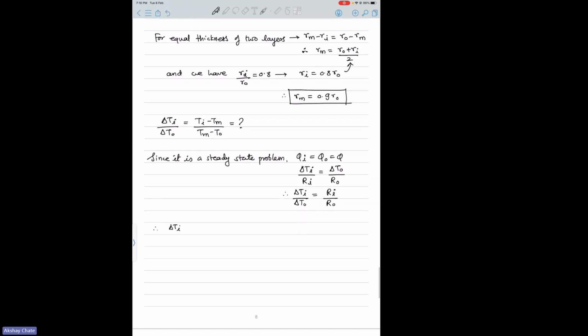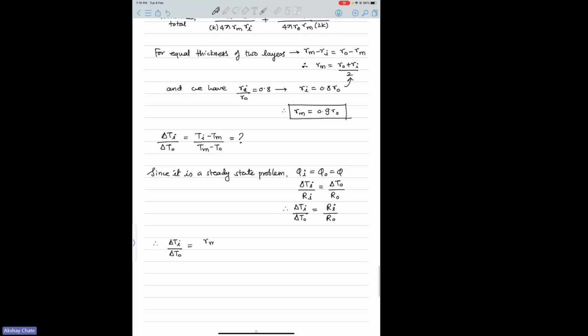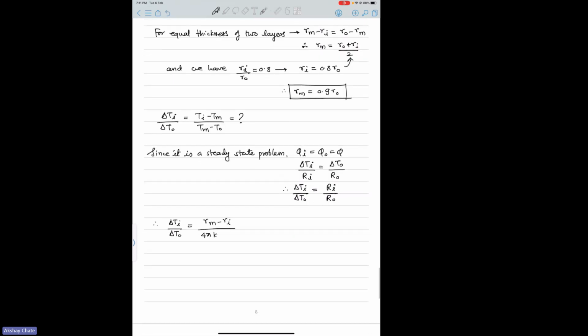Therefore delta Ti by delta To, the ratio of temperature drop across the two layers, is Rm minus Ri divided by 4 pi K Rm Ri, into, since we are taking the ratio, we can skip one step and write the other as 4 pi 2K Ro Rm divided by Ro minus Rm.